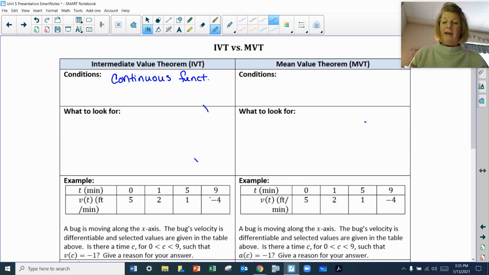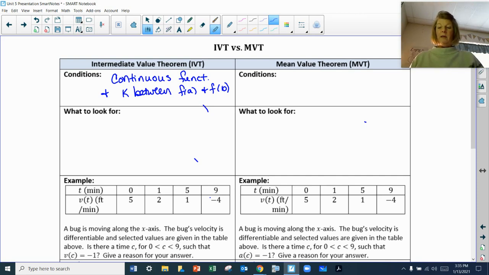And you have to have that betweenness, and k between f of a and f of b. We can't order them because we don't know the values on those.